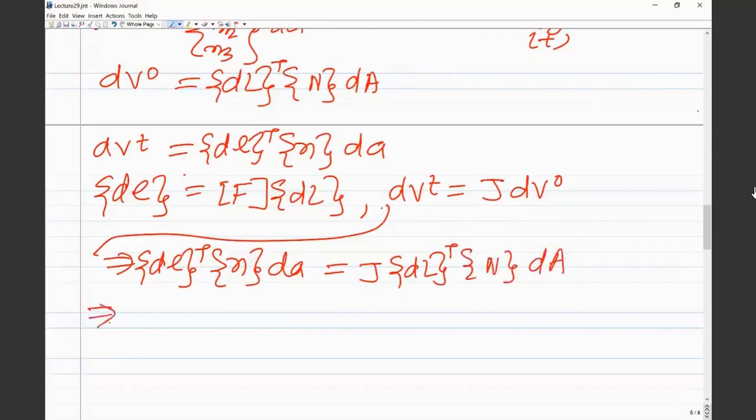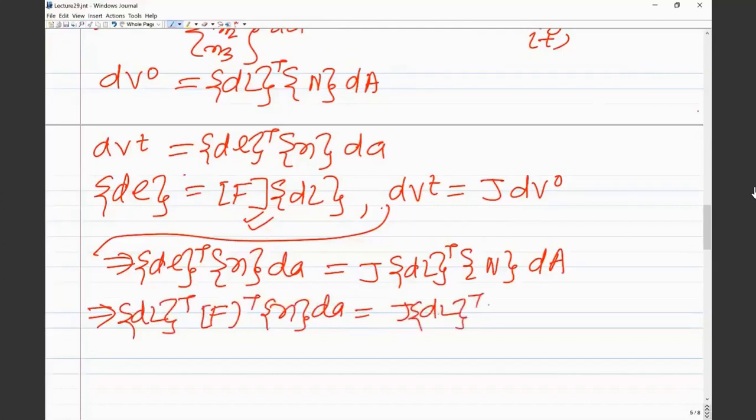Now using this relationship, we can write dl transpose as capital dL transpose into F transpose into n da, which will be equal to J into dL transpose into N into dA.